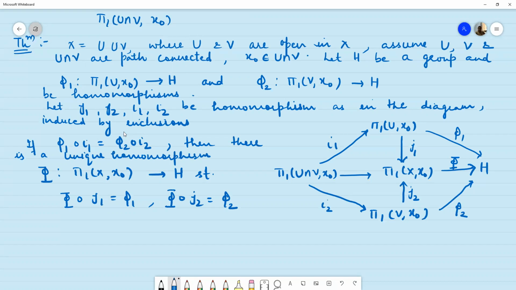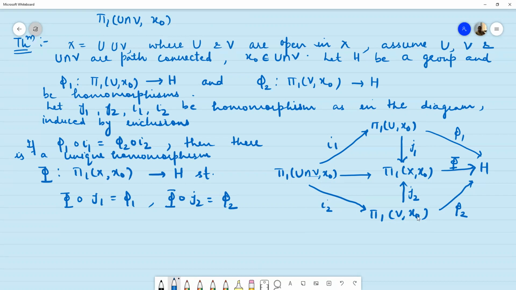So we are saying if phi1 circle I1 is equal to phi2 circle I2, which means they are compatible on U intersection V, means if we go from U intersection V to H either by going firstly from U intersection V to U and then to H, or otherwise via V, means firstly we go from U intersection V to V and then to H. So if we go from the fundamental group of U intersection V to the group H either via U or via V, both are the same.